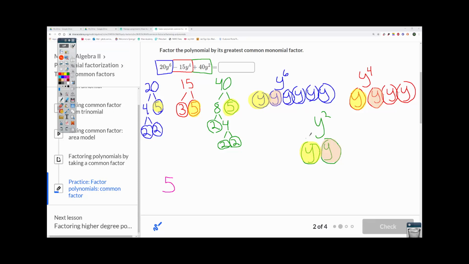So that's going to give us y times y times y times y. And y times y gives us y squared, and then 5 times y squared is just 5y squared.